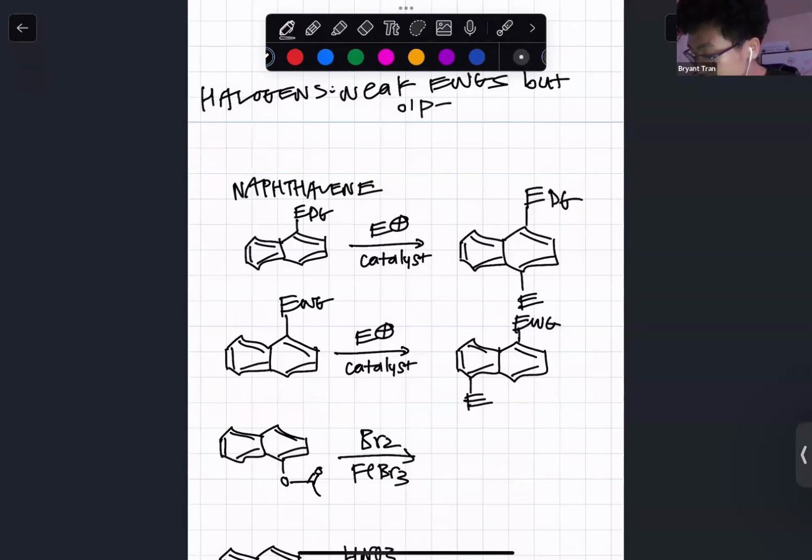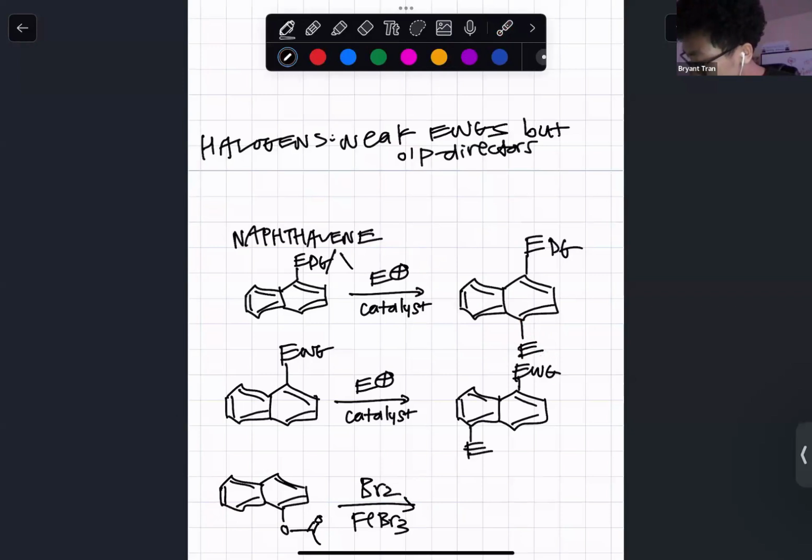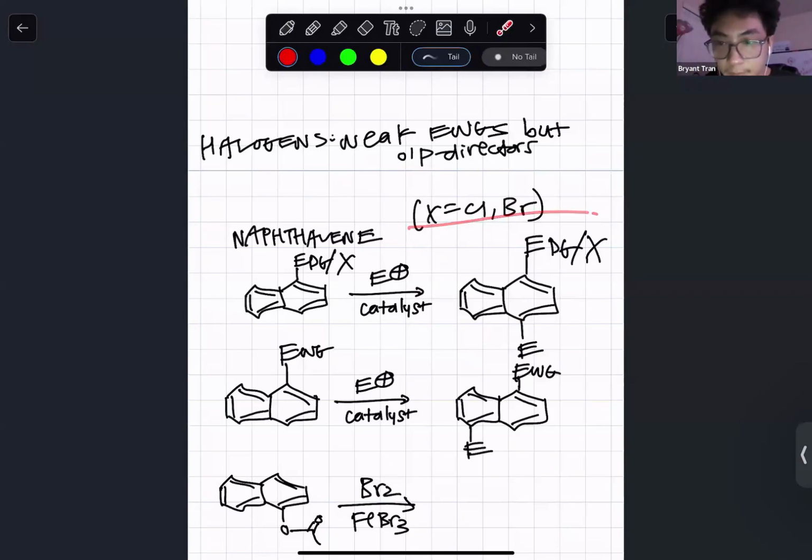They are ortho-para directors. So because of that, when you see a halogen on naphthalene, attach the electrophile opposite to the halogen. So I'm going to put EDG/X, where X is going to be chlorine or bromine, the halogen.